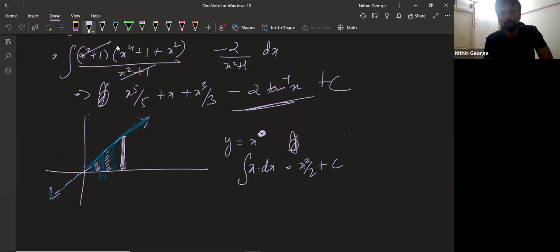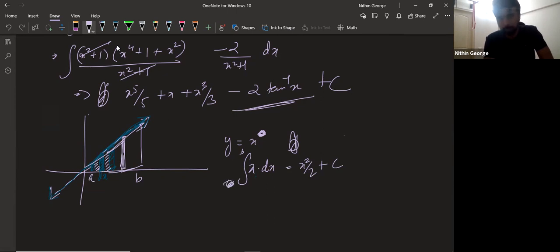Right. So like this, you keep adding different lines up. Basically, you'll end up with an area. If you put limits a and b, suppose this is a and this is b, you'll find the area between a and b. That's what is happening. Between the x-axis, the graph, and a and b. Understood? That is what you're finding here.